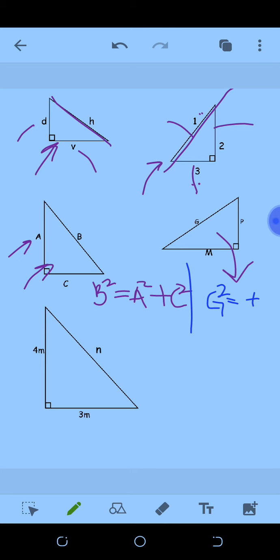Adjacent sides are P. We have P here, so this is P square. And finally we have an M right there, so this is M square. So that's the Pythagoras theorem.